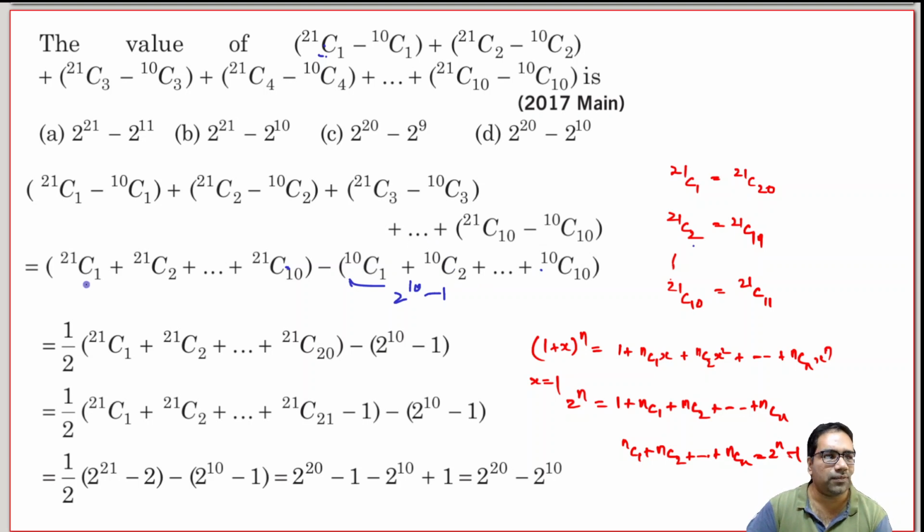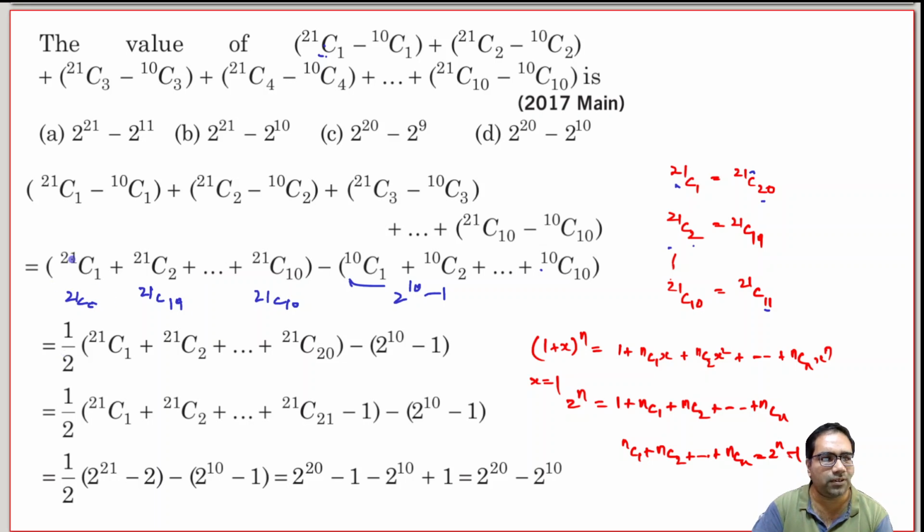Now, this part, 21C1 to 21C10. What we will do, we'll try to attach 21C11 to 21C20 to this, and we are not losing anything. Because this one is equal to this one is equal to this one. So if we add one more 21C20, 21C19, similarly 21C11, this becomes double of this.